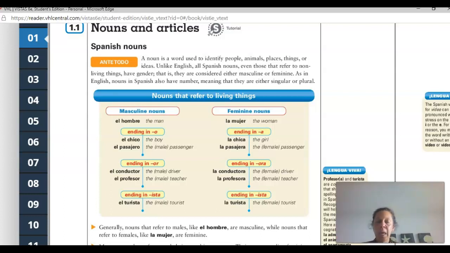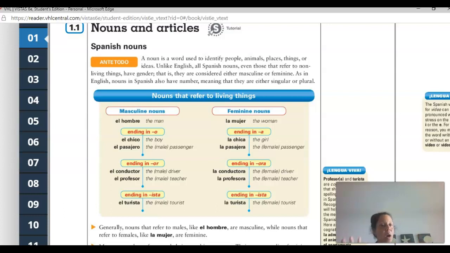Bien, so, in Spanish, we organize those nouns in two groups, either femenino or masculino, okay? Everything for us is either masculino or femenino, okay? And also, before the noun, we have an article, okay? And that article has to agree with the noun.